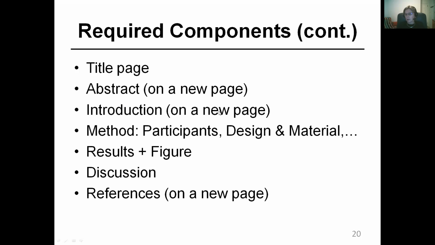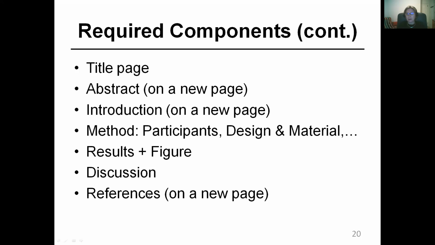Then comes the introduction. Your introduction now is going to be a little bit different, and we'll talk about it next. And then come the 3 new components that you did not have in your assignment 1. You have method, results, and discussion, and you finish your assignment also on a new page, Control Enter, with references.